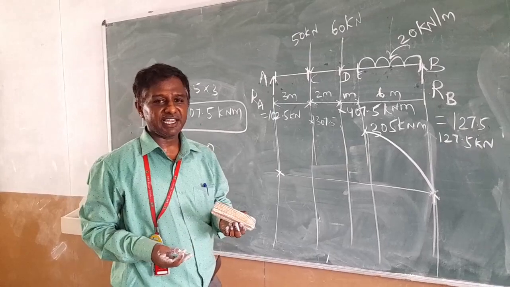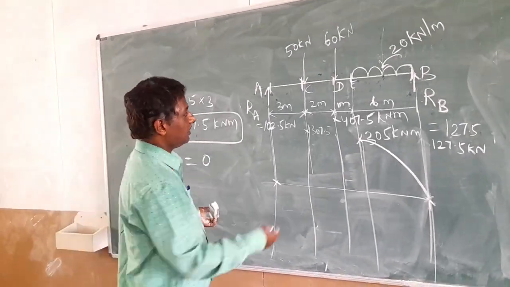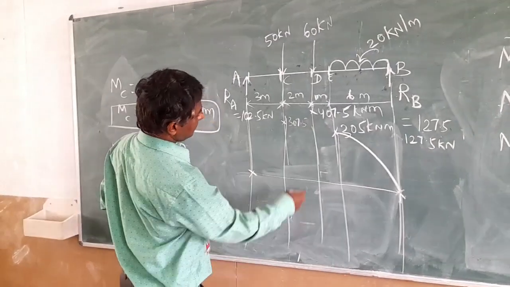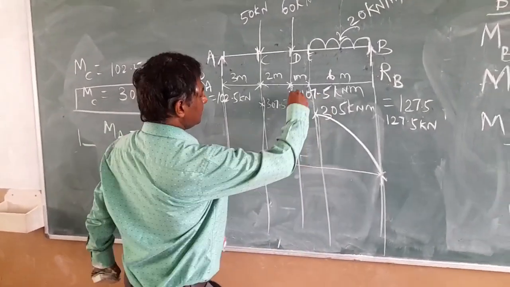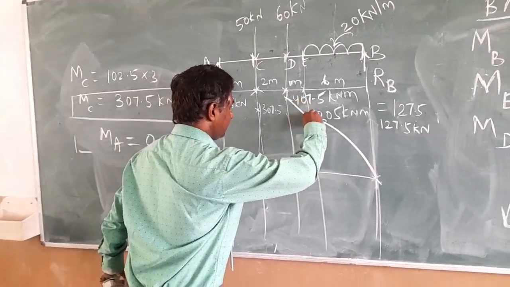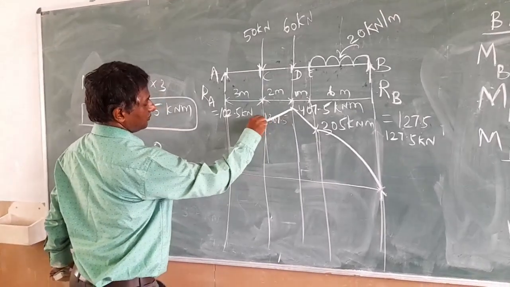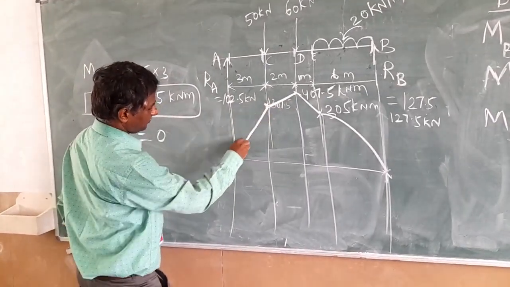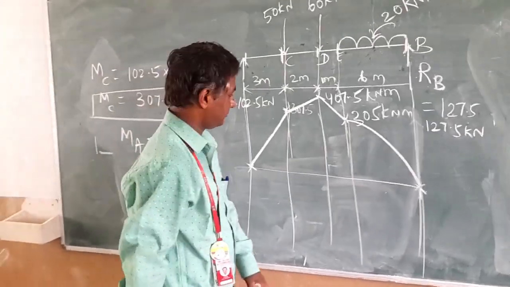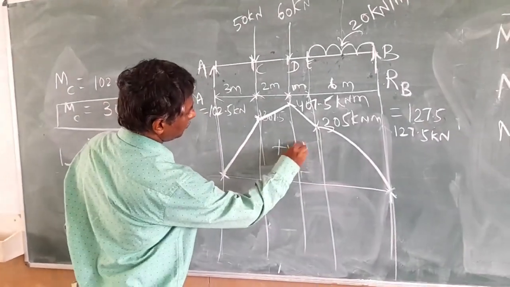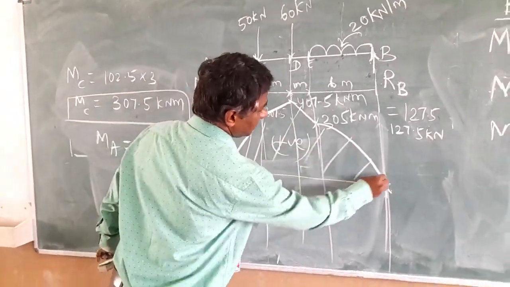So in the bending moment diagram you just directly join the points, from E to D. At the D point it is 407.5. Just draw the linear line. These are linear straight lines or inclined lines. So everything is a positive bending moment diagram. There are no negative values at all in the bending moment.